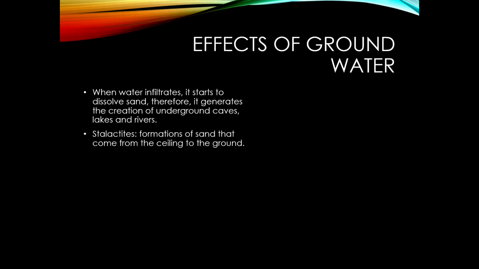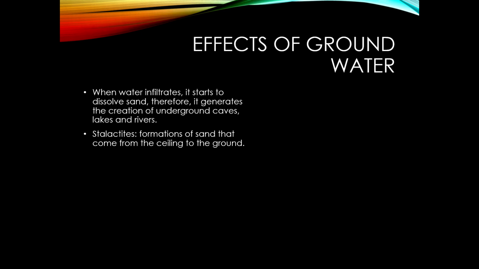So there are some parts in which we will not find any more sand, but it will be merely just water. We also have something called stalactites, which are formations of sand that come from the ceiling to the ground. And this is very interesting because when the groundwater starts flowing underground, of course, it starts changing the composition of the sand, of the limestone.